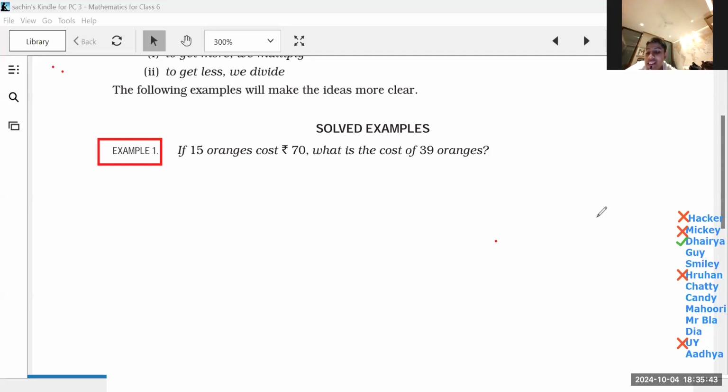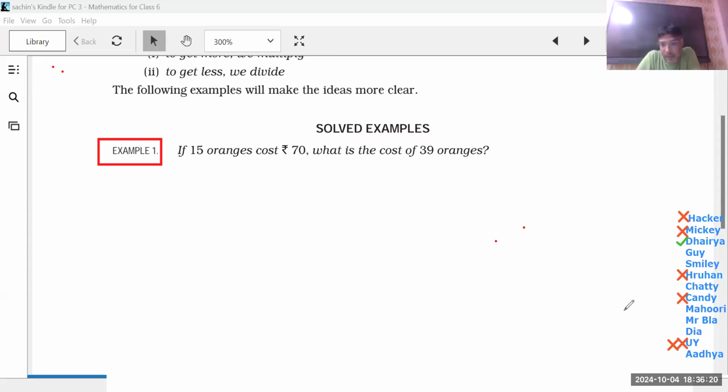So can this be a star question? Yes, it's a star question.